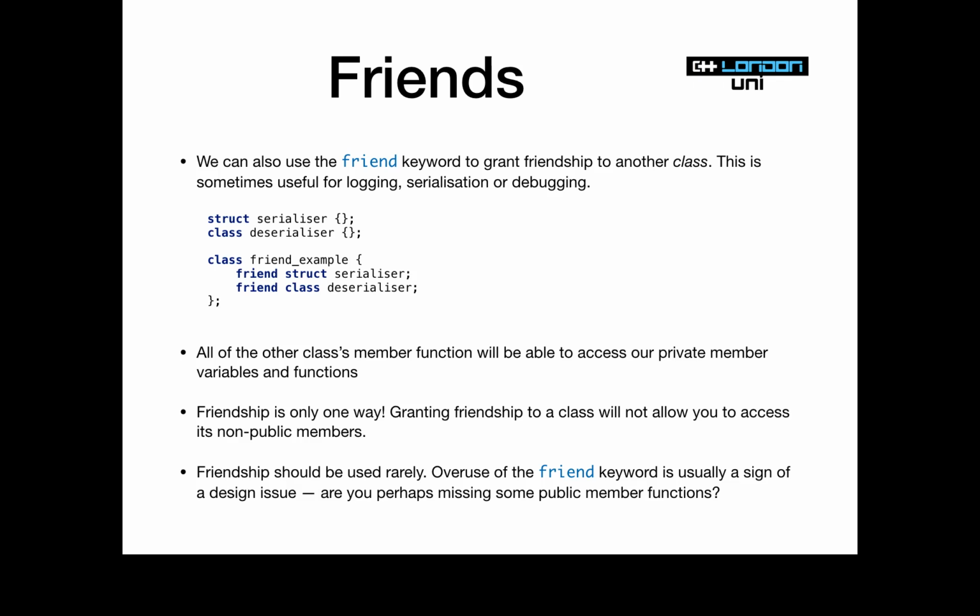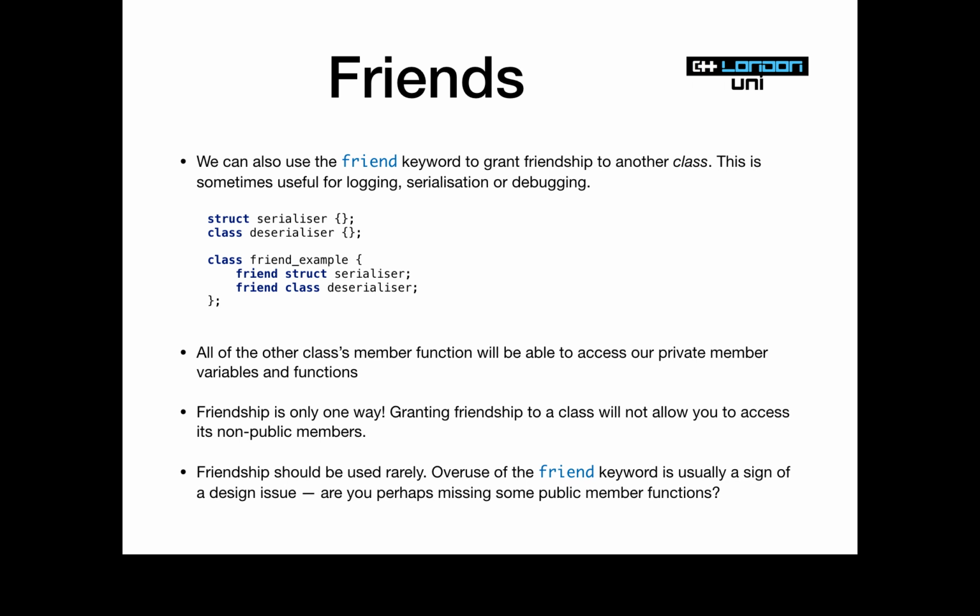overuse of the friend keyword is probably a sign of a design issue. If you find that you are often having to grant friendship to other functions, to other classes, it may be that you have to rethink your design. Perhaps you should add some public member functions, because obviously there are other classes that need access to something that you're not giving them. So rather than doing it on a case-by-case basis, you would have a new public member function and say, okay, well, actually anybody is allowed to read this thing.